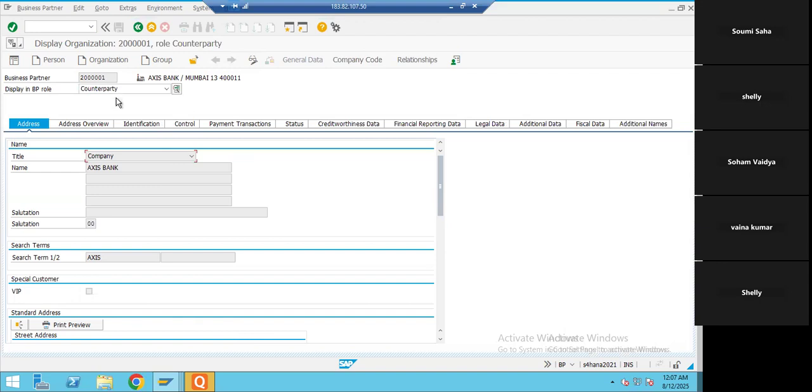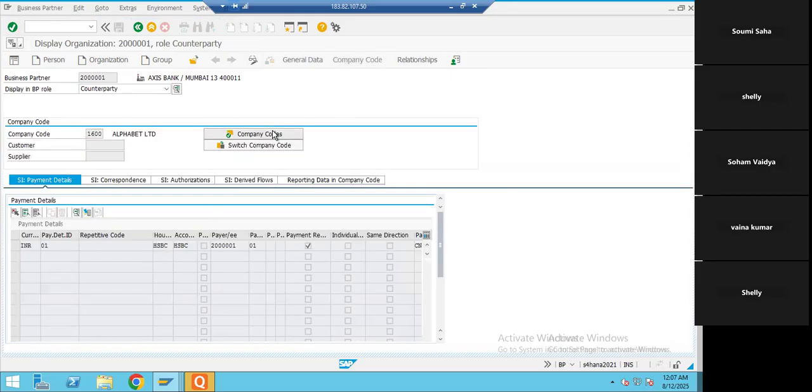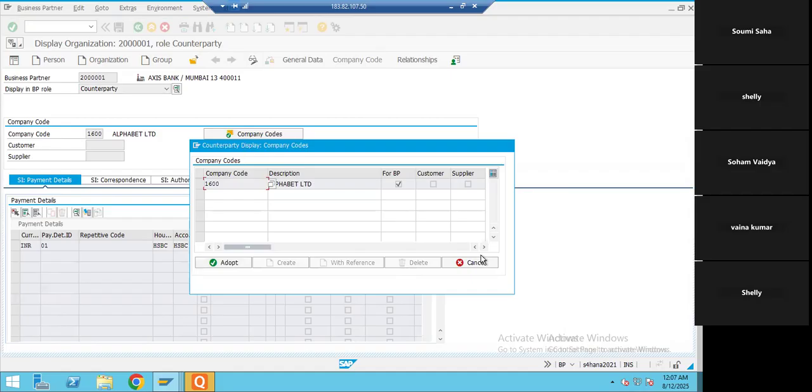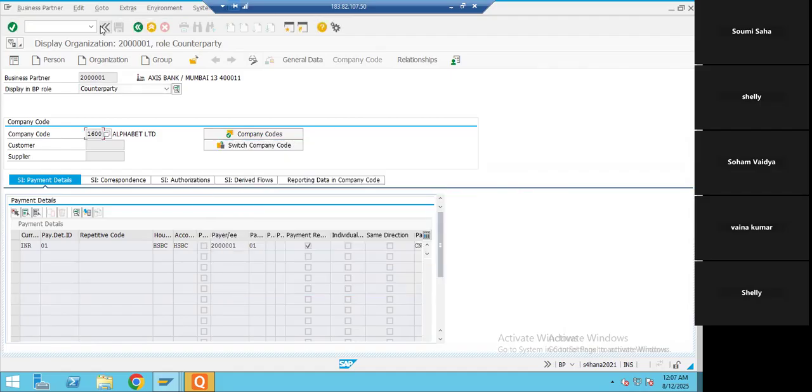Once you extend a business partner in the counterparty role, it becomes available for treasury, or else you will never be able to see it in treasury. So here I'll just save it. Second.